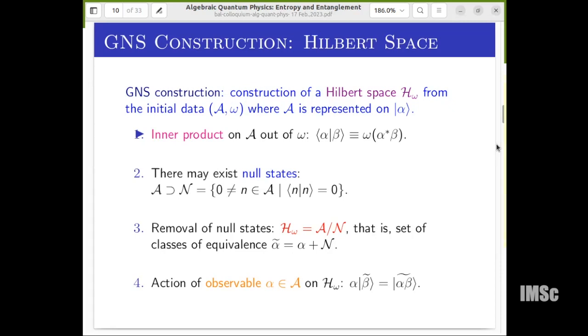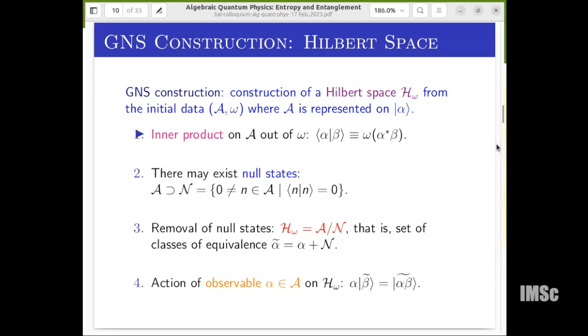Modulo technical issues like completion, there's one problem which I just mention. It could happen that there may be alphas for which omega of alpha star alpha is 0. For example, the density matrix may be a projection operator on a certain set of vectors, and if the alpha you take happens to be 0 on those projectors, then omega of alpha star alpha will be 0.